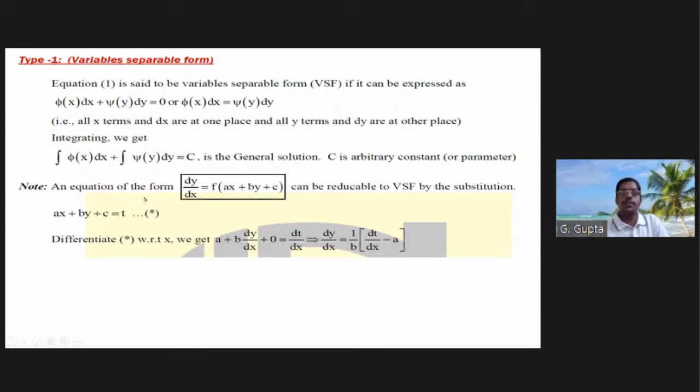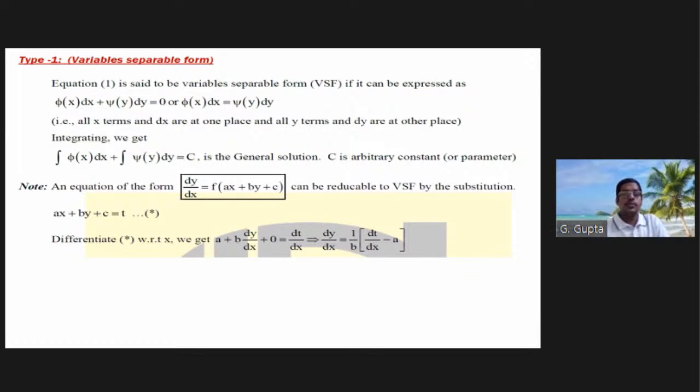Once the substitution is done, then differentiate with respect to x, because the left hand side of the differential equation is dy by dx, the differentiation of the y variable with respect to x. That is why in this substitution we should differentiate with respect to x.